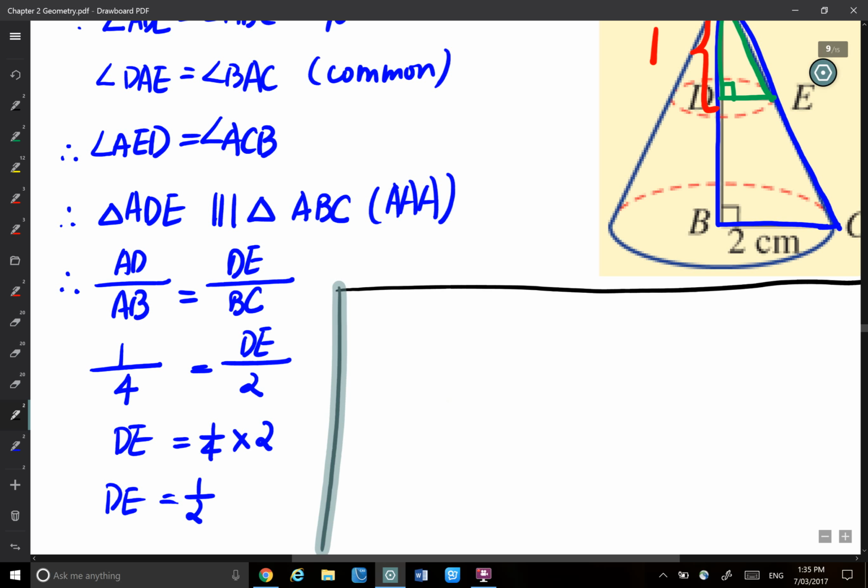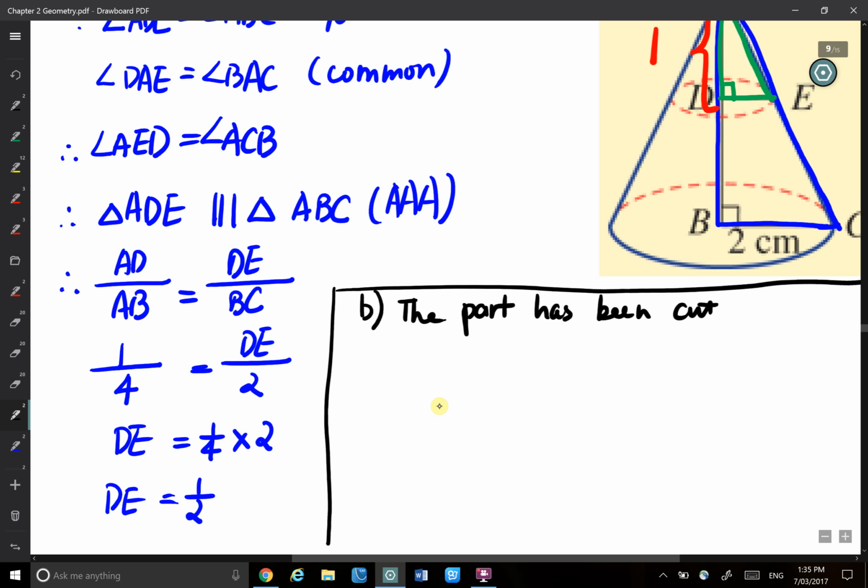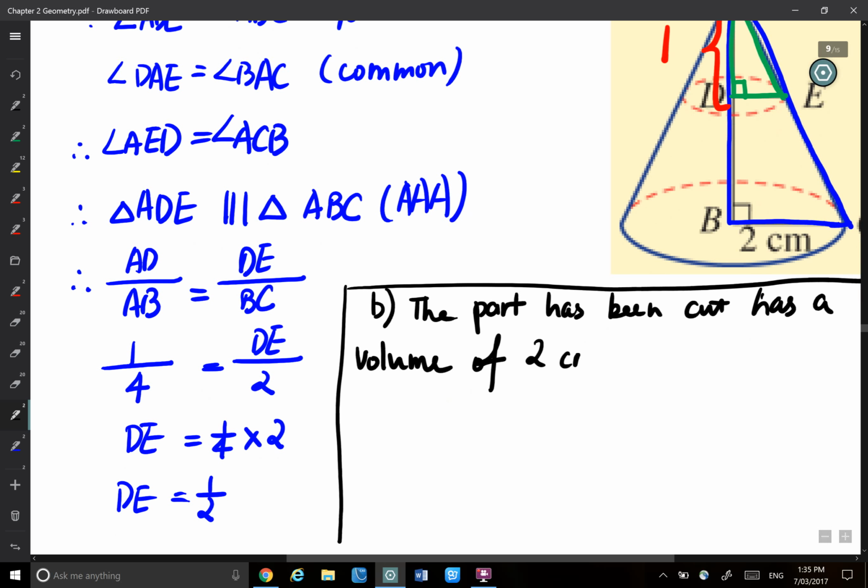Okay, because we still have a lot of space here, I want to add one more part for this question. So part B is asking, the part that has been cut has a volume of, let me calculate that.